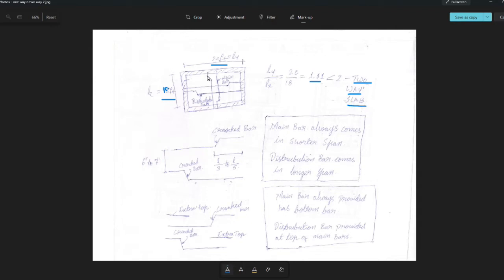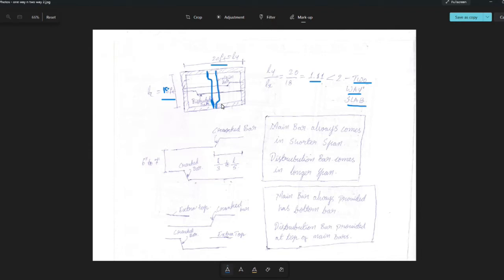So here you can check it. In the shorter direction, we're going to provide the main bars. This is the main bar, which is going straight, and here we're going to have the crank at this point, and ultimately it's going to go straight, and again we're going to have the crank bar like this.